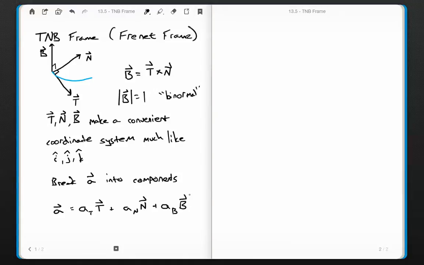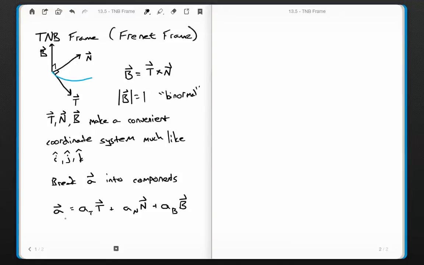and you might guess that it also has some binormal component times this binormal unit vector. All right, now we've talked about the tangential acceleration, which is the change in the speed, and we've talked about the normal acceleration briefly in class. That says how is the tangent changing, right?